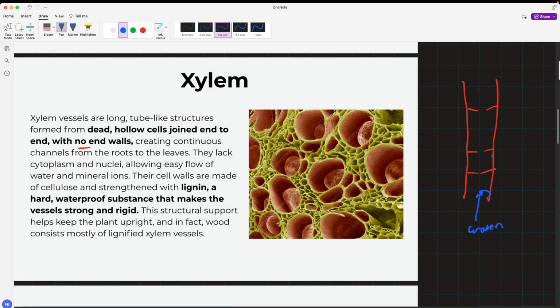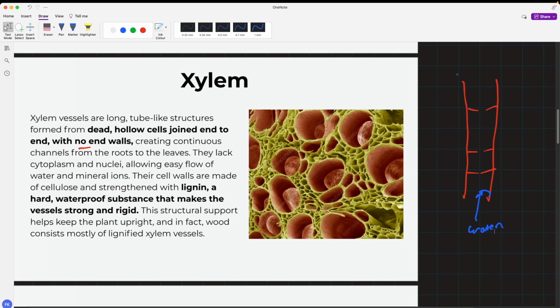If the xylem had end walls, water would face resistance, so the rate of transport of water would be reduced a lot, and in some cases it wouldn't even be possible. As the xylem cells are dead, they lack cytoplasm and nuclei, allowing easier flow of water and minerals.